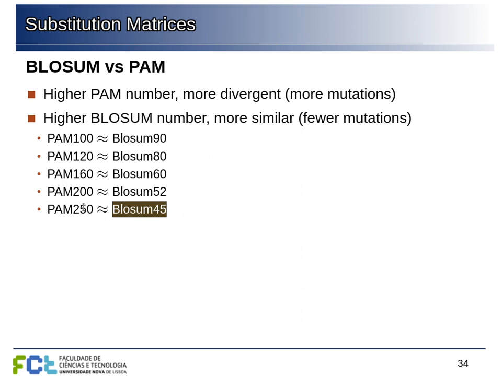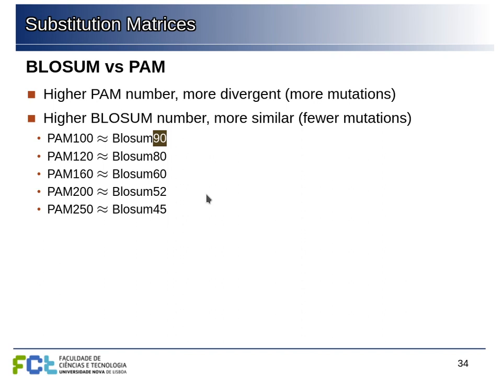BLOSUM 45 roughly corresponds to PAM 250 in the divergence of sequences it is considering in order to compute those mutations. As we increase the number of the BLOSUM matrix, we start grouping smaller and smaller families of sequences, and so we are counting increasingly small differences between these families.